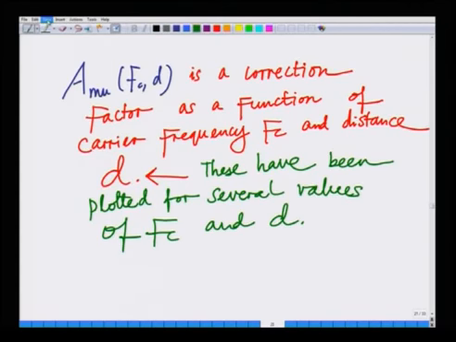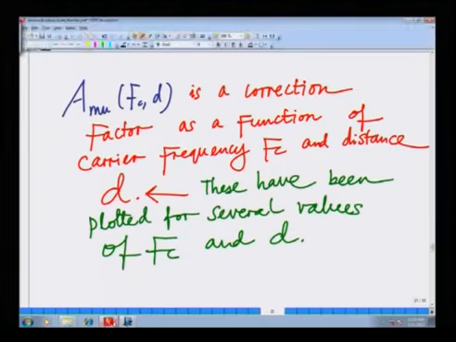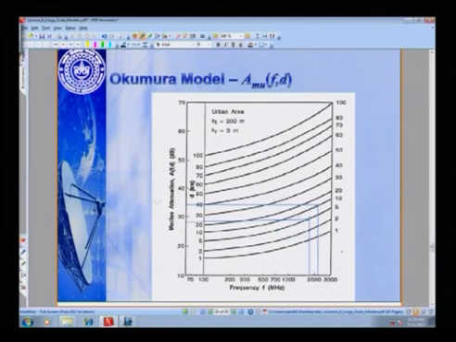For instance, let me go to that plot and show you how that plot looks like. For instance, if you look at this, I have the Okumura model. I have the A mu factor as a function of frequency and distance. You can see on this axis there is one curve for each distance, 1 kilometer, 2 kilometer, 5 kilometer, up to 100 kilometers.